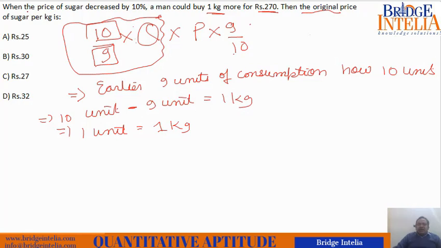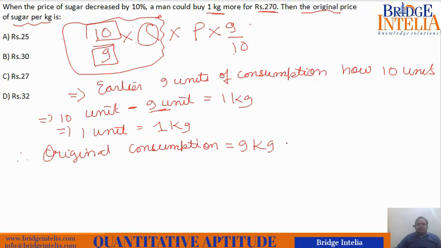So the original price of sugar per kg. Therefore, original consumption. So original consumption was of 9 units. So 9 kg. So therefore original price.